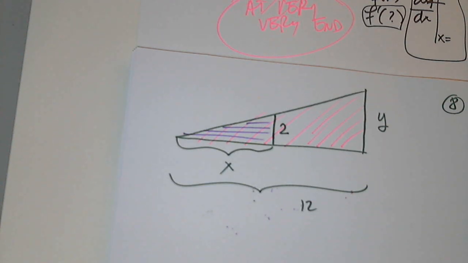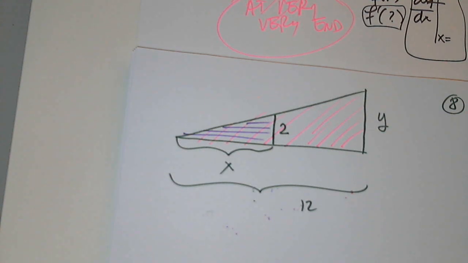I'm telling you that the purple triangle and the pink triangle have proportional sides.